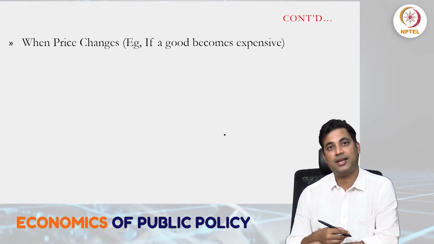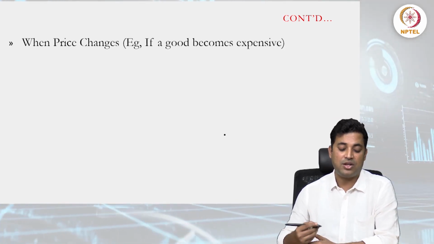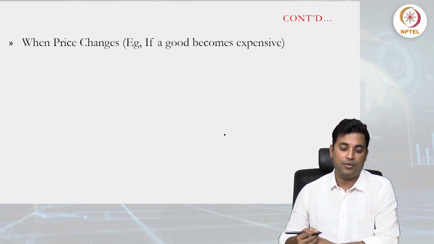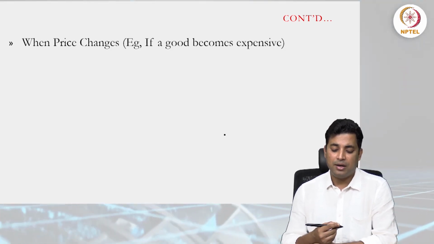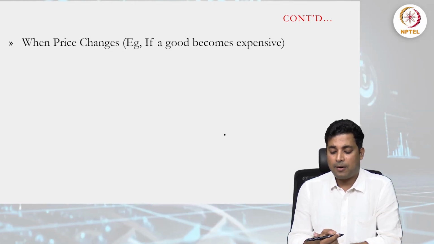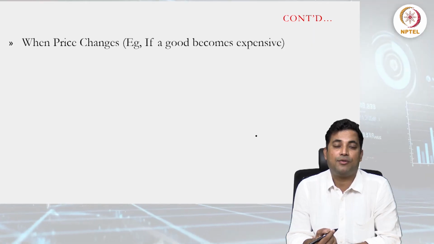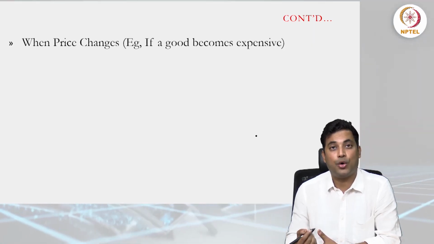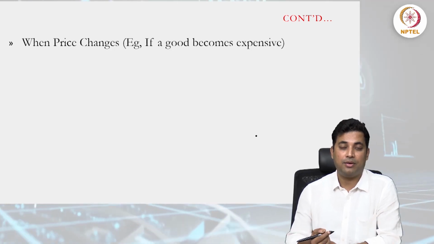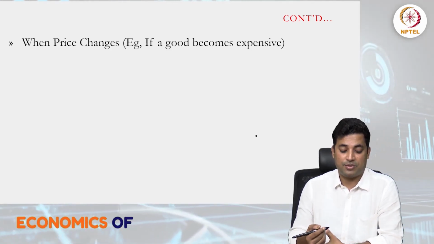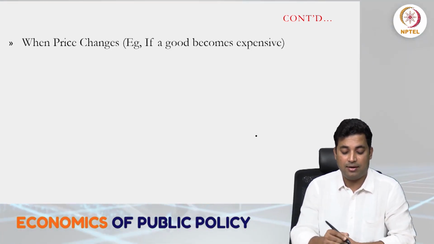The second indicator on which budget becomes very sensitive is the changes in prices. Like when price changes, for example, suppose a good becomes expensive, like say price of X or Y increases, then how will that be responsive, especially how will that impact on the budget line.